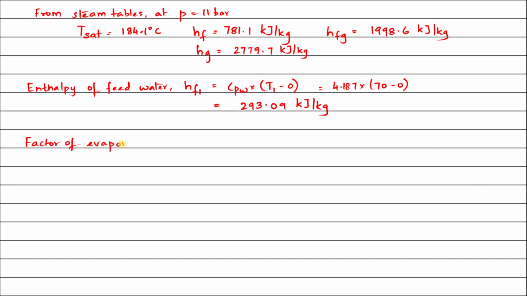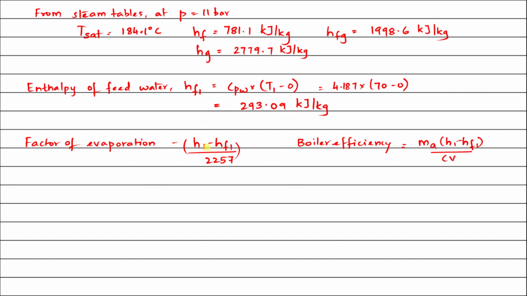The expression for factor of evaporation is H1 minus HF1 divided by 2257. And for the boiler efficiency, I have MA into H1 minus HF1 upon calorific value.